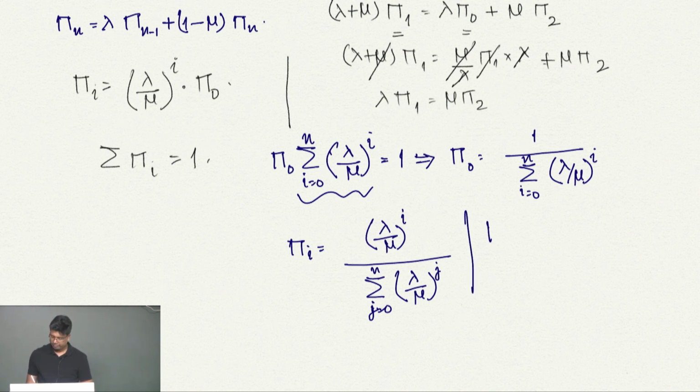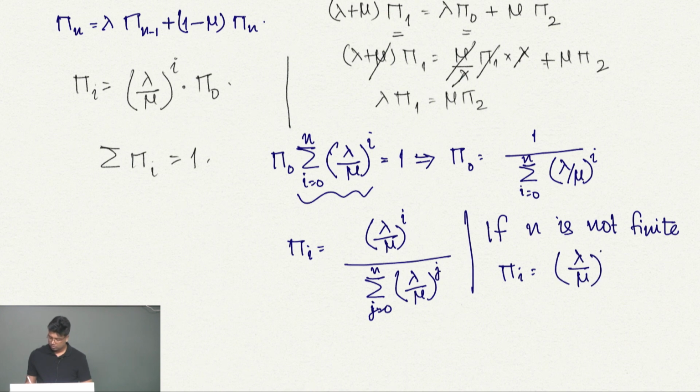So if n is not finite, in such a situation you have pi i is nothing but lambda by mu to the i, and what is the GP sum? 1 by 1 minus lambda by mu. So that is nothing but 1 minus lambda by mu, right?